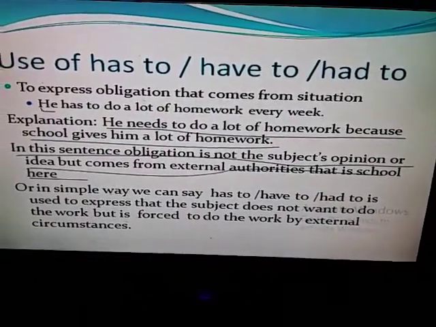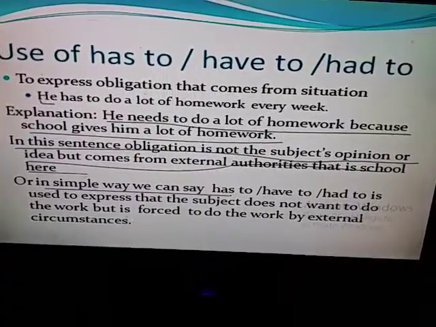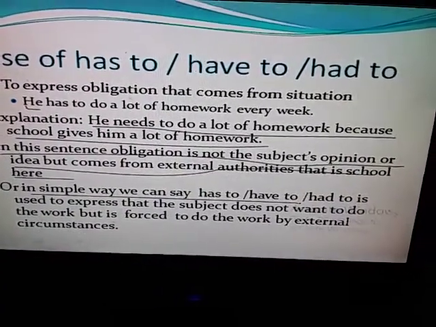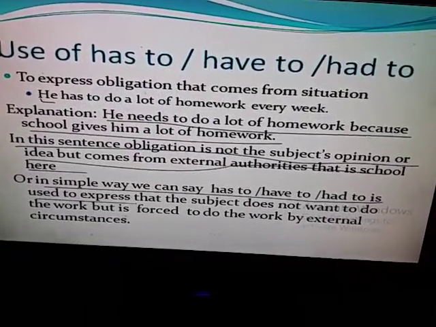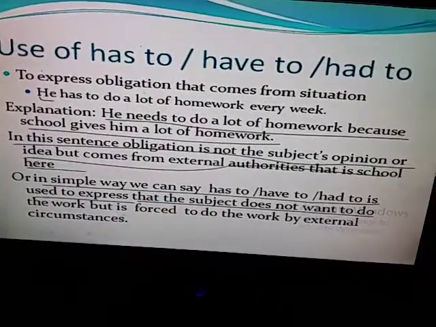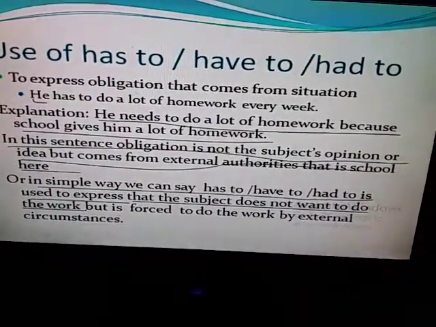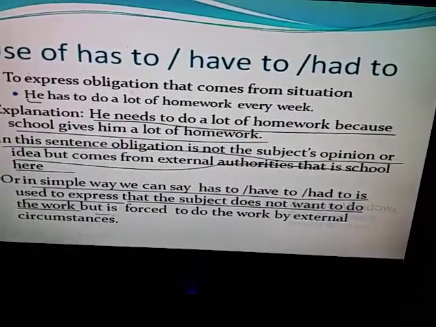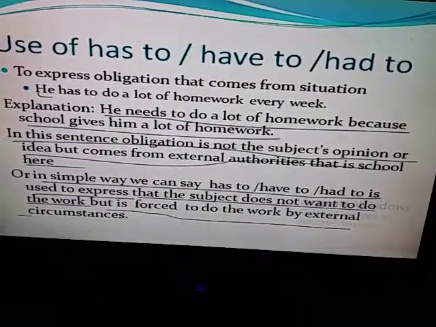In simple words, has to, have to, had to is used to express that the subject does not want to do the work by itself, himself or herself, but is forced to do the work by external circumstances.